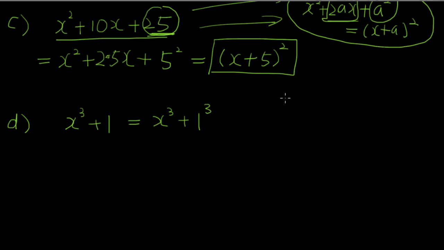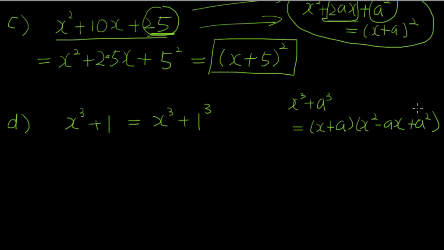so the formula that I have in mind looks like this. Remember that x to the cube plus a to the cube becomes (x plus a)(x squared minus ax plus a squared).